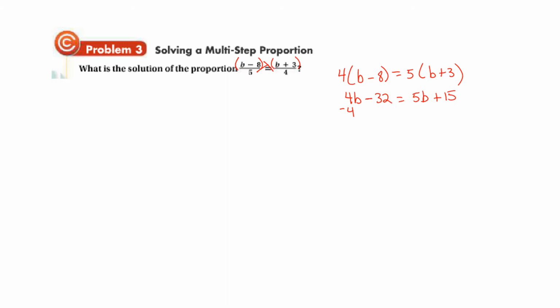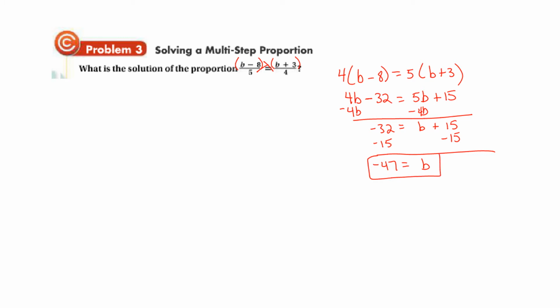I would subtract my 4b from both sides, and I get negative 32 equals b plus 15. Subtract 15 from both sides, and I get b equals negative 47. And I could substitute it back into my equation, and I would see that I am right.